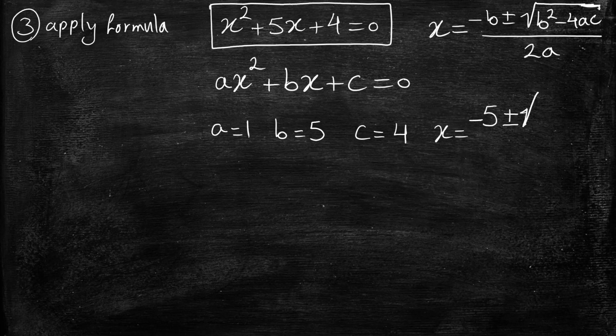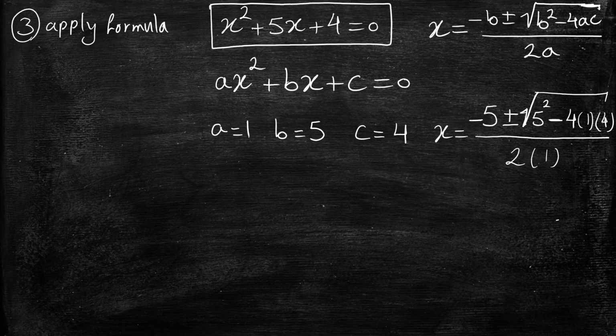So plus minus square root of b squared, that is 5 to the power of 2, minus 4 times a, which is 1, times c, which is 4. Divided by, all of it divided by 2 times a, 2 times 1. A is 1. That's it. Now you just need to solve these numbers, simplify it, and you will have your answer.